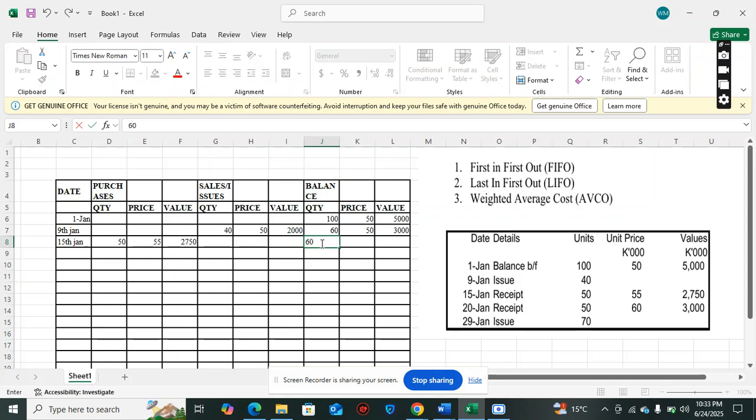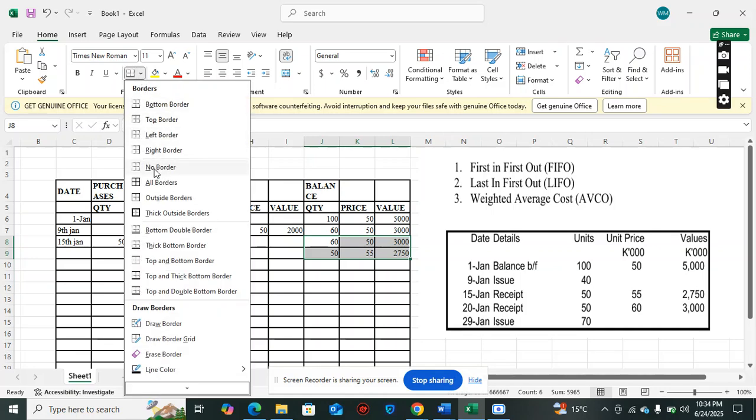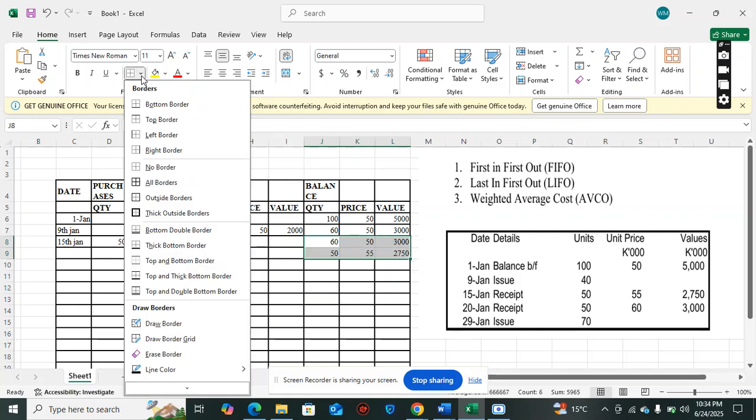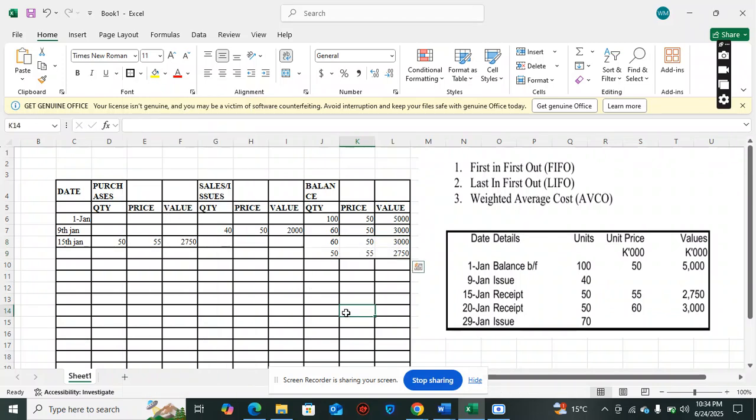Initially we had 60 goods valued at 50 kwacha each, total value 3,000. Now we've brought in 50 goods valued at 55 kwacha, total value 2,750.